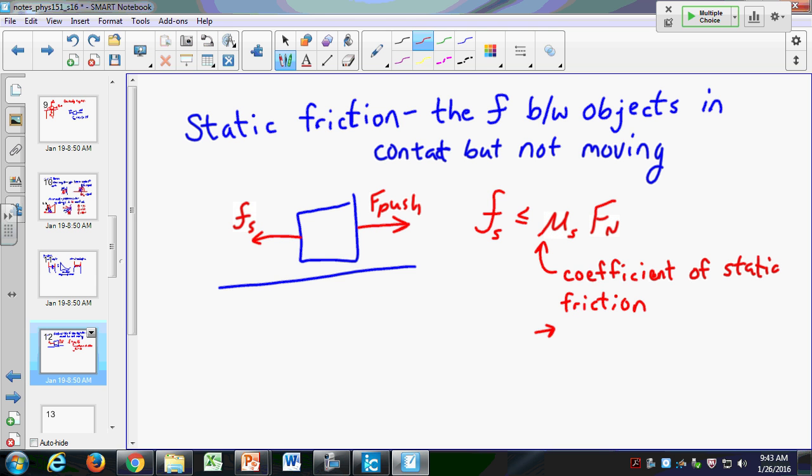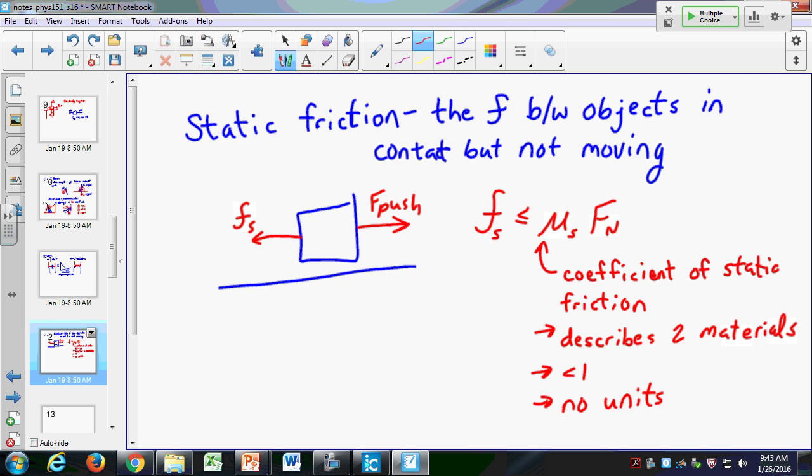It describes two materials, not one material. It doesn't really make sense to talk about friction on one material. It has to be touching something. It describes two materials and how they come into contact. It's less than 1. Has no units.